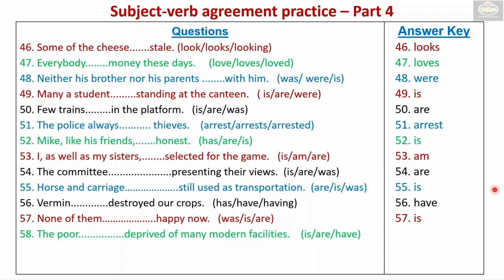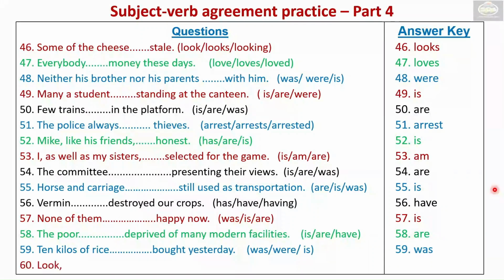The poor are deprived of many modern facilities. 10 kilos of rice was bought yesterday, this refers to quantity, therefore we use a singular verb according to the tense, was. Look, deer, plural, are grazing.